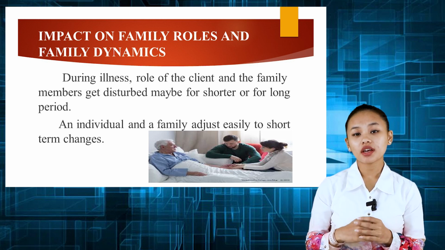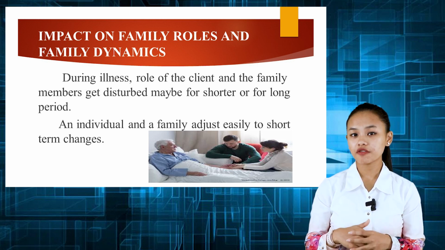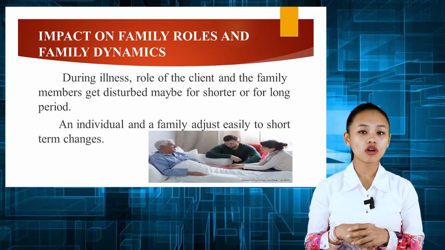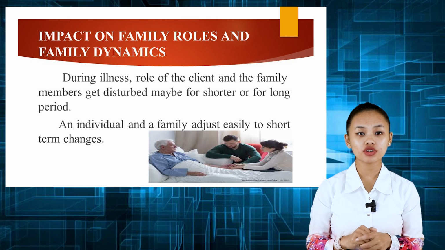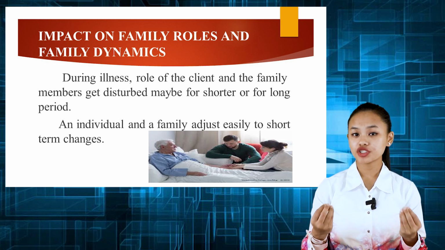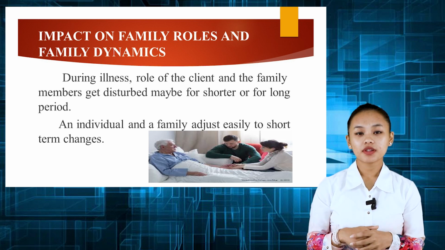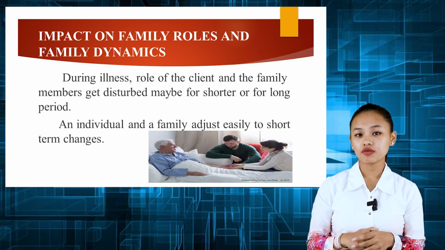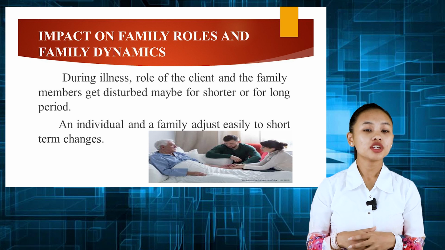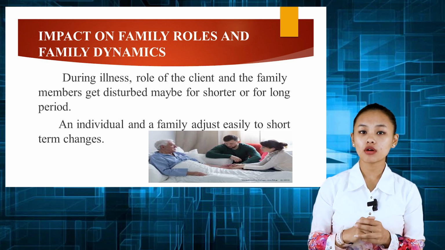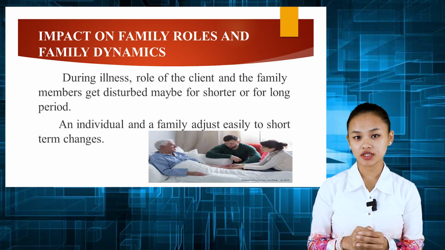So, we can see that if a person is only suffering from an acute illness or from an illness which occurs only for a short duration of time, he or she will be able to adjust to the changes. For example, if a mother with two children is suffering from a cold, she will still continue to go to work and perform her own roles and responsibilities.